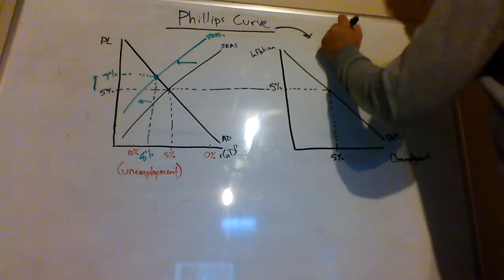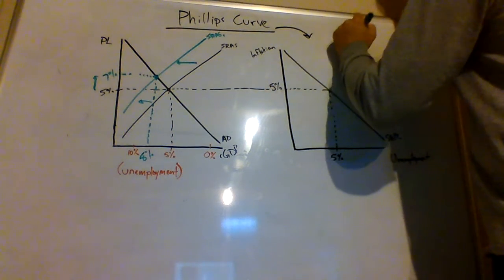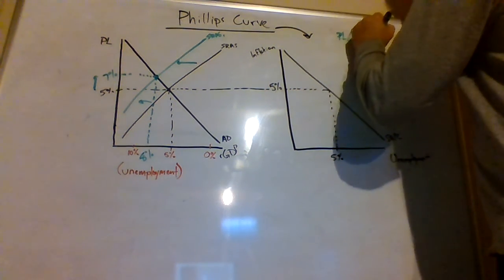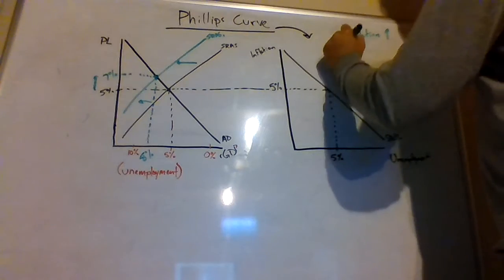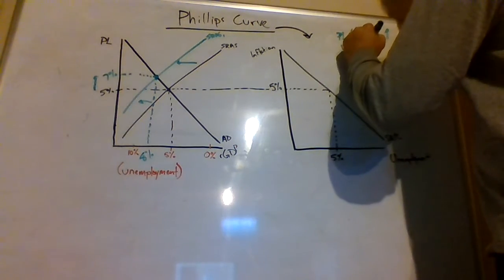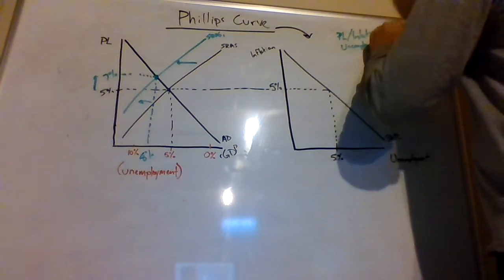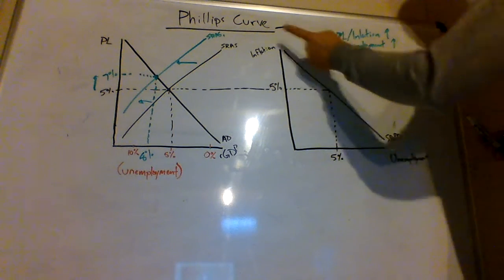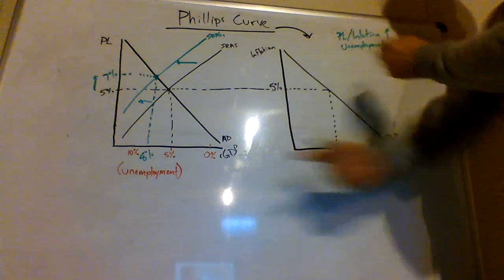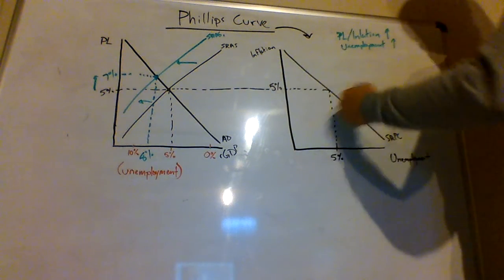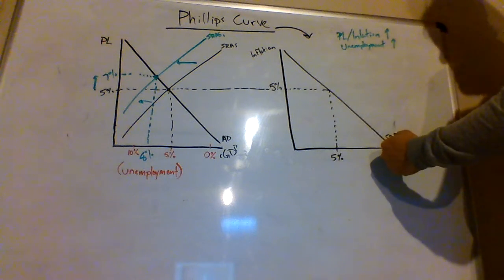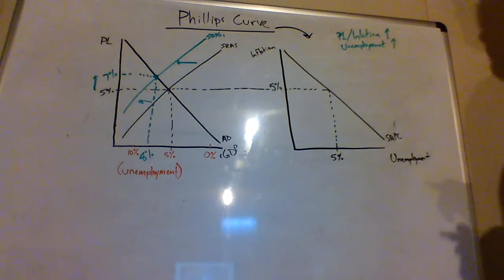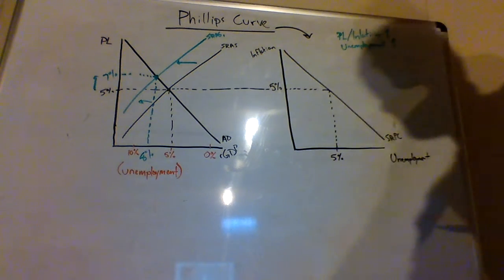Okay, so price level, inflation has increased and unemployment has increased. Well, the problem with that is that when we go this way, inflation goes up, unemployment goes down. If we come this way, inflation goes down, unemployment goes up, okay? So we've got to make both increase.